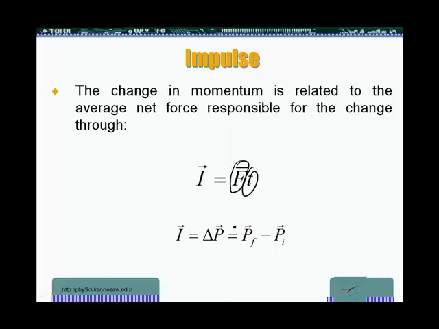So the change in momentum that we talked about earlier, as final momentum minus initial momentum, is also equal to the average force responsible for that change in momentum times the time. Remember, when I have an object that has a certain velocity, it's going to have a certain momentum mv. Remember Newton's first law. It says the velocity is not going to change unless we have a net force.